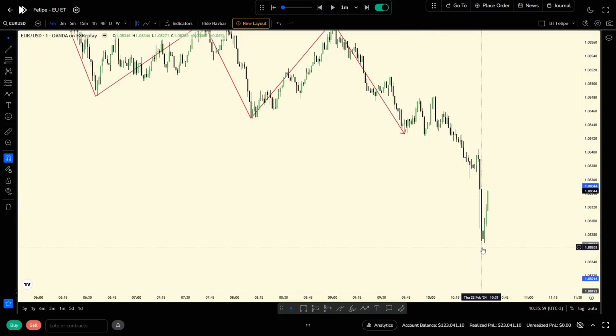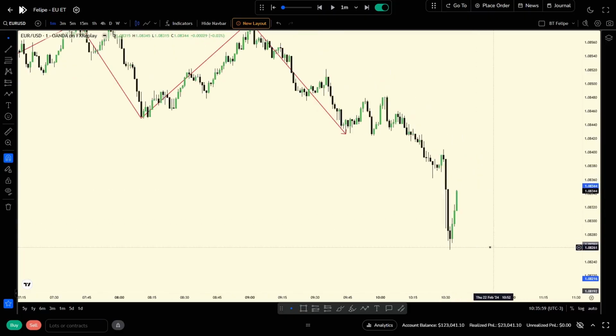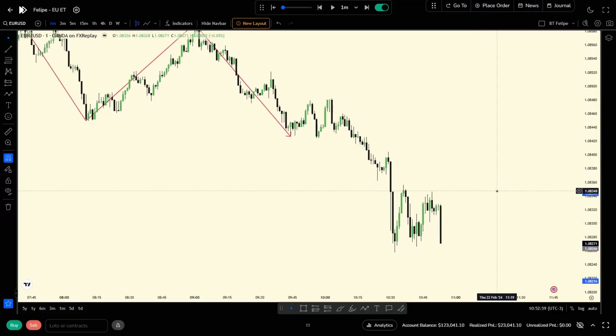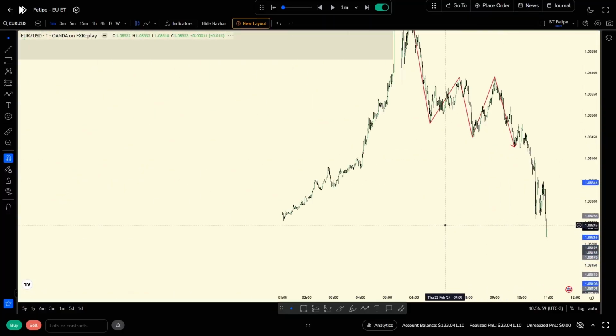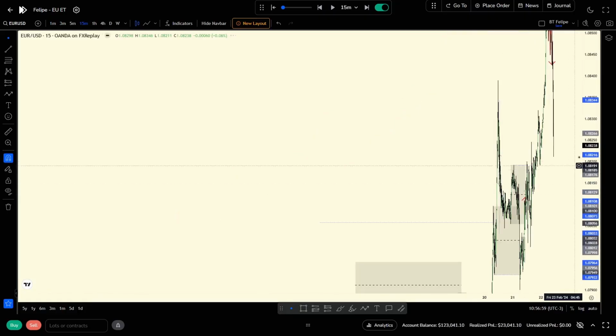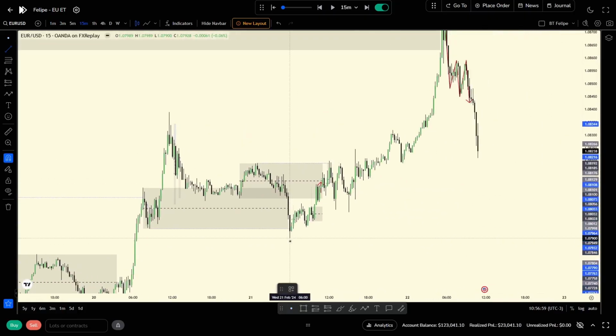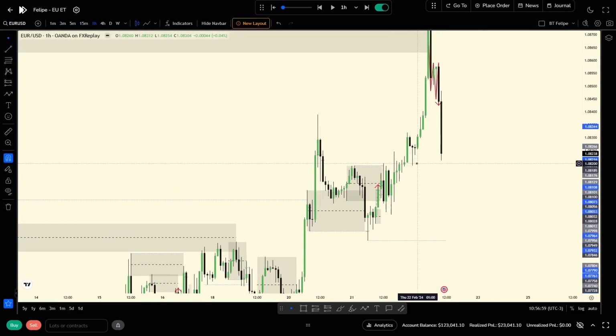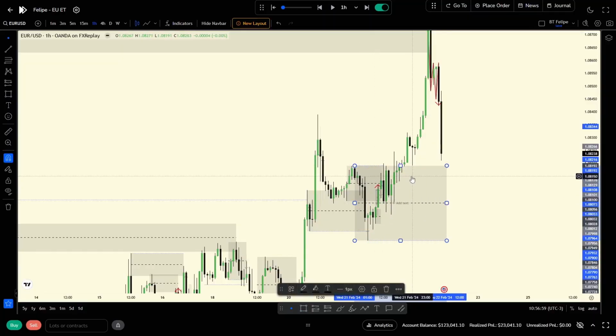Price already went very aggressive to the downside. Maybe break this high. Maybe I can long here.